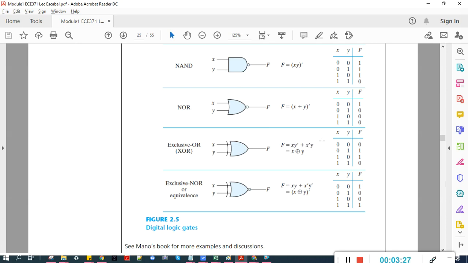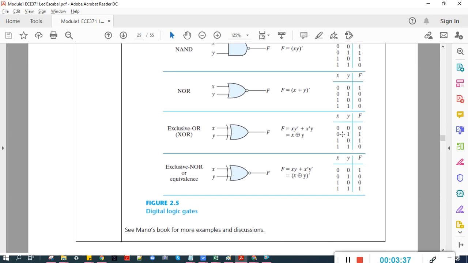Same here, one is high and the other is low. That's for the exclusive OR function. We notice that the output is 1 whenever x is 0 and y is 1, or y is 0 and x is 1.